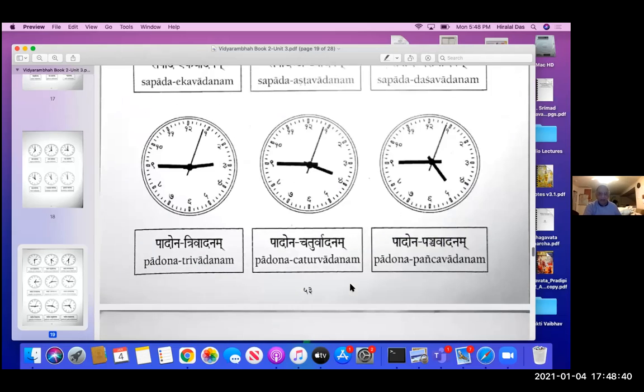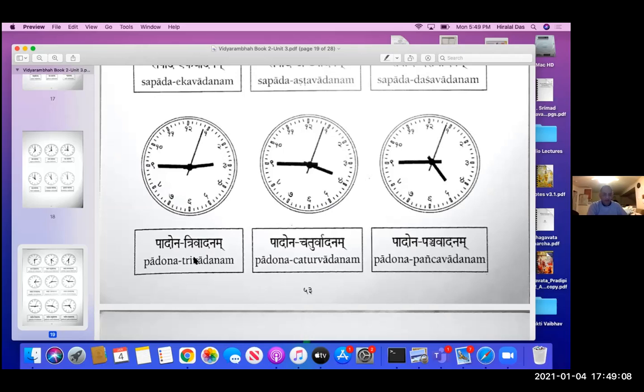And in Padon, that is the only tricky part you have to remember. Padon, remember, un means less, and pad is 15, 1/4 or 15 minutes. So 1/4 less, so this is like 2:45, you know. You have to say Padon, 15 minutes less than not 2 but 3, so you have to add 1 here.